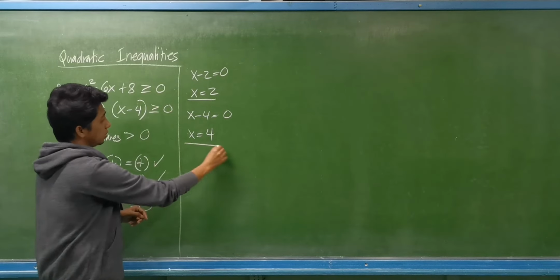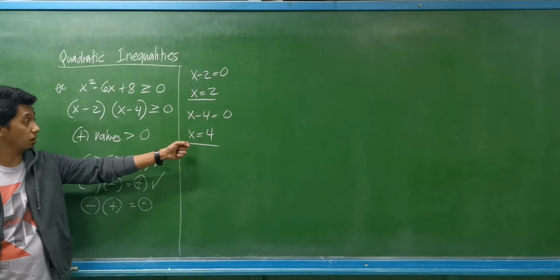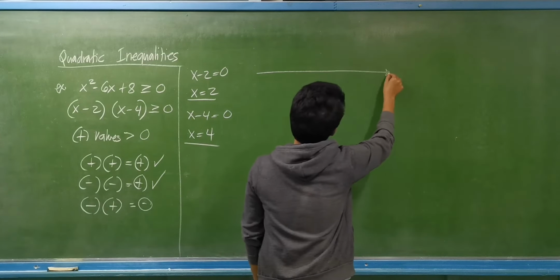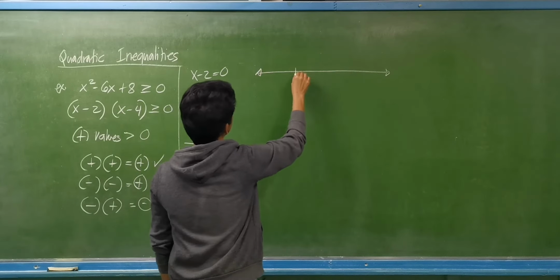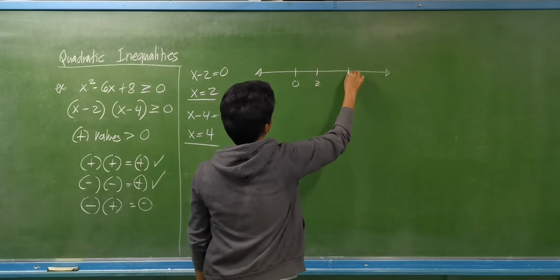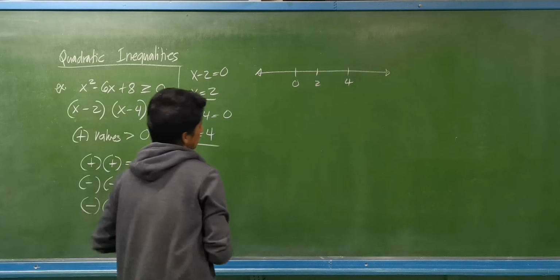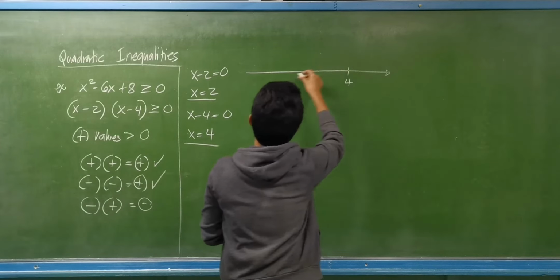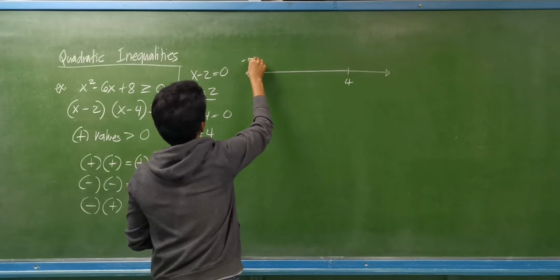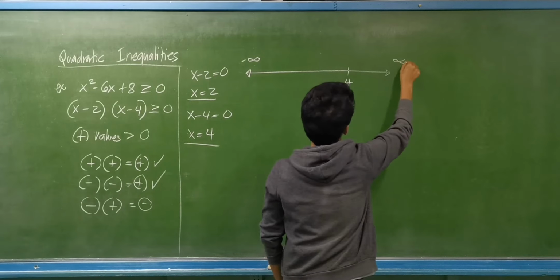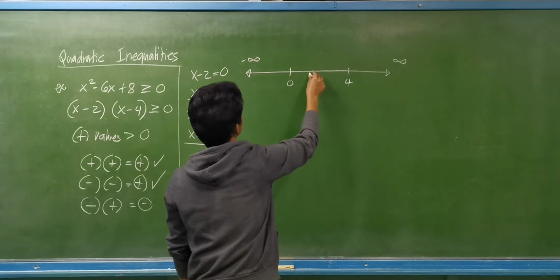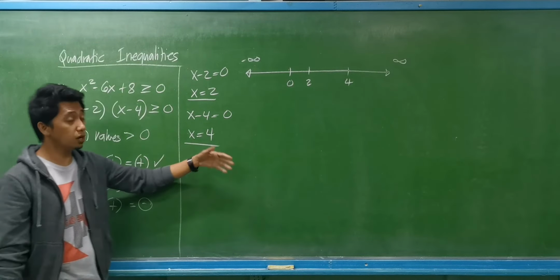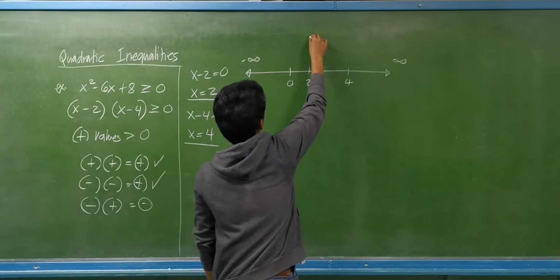Let these two points be our reference points on the number line. So our reference points are 2 and 4, and we have 3 intervals.